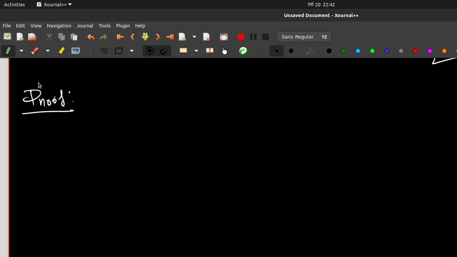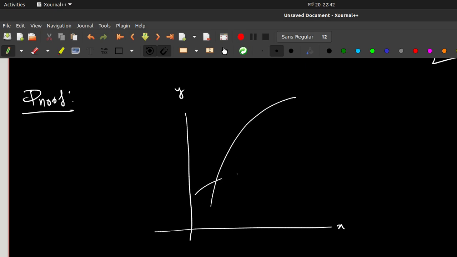To prove it, let's draw a picture first on the z plane. Again, this is x and y. Let's say this is one of the curves, this is the other curve, and this is the intersection point z0. Let's take a point z2 that is near z naught, and this is another point z1.